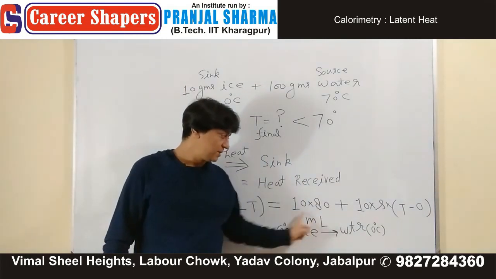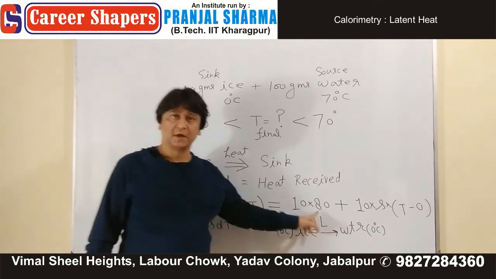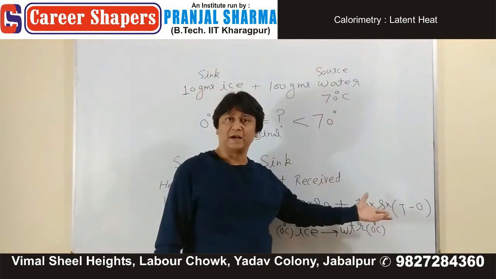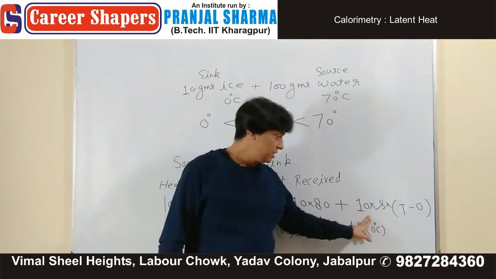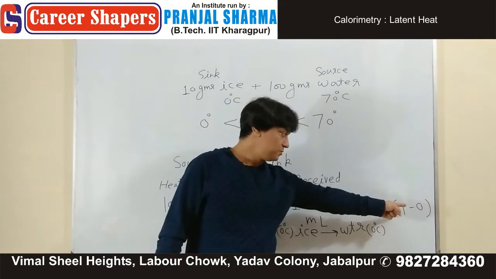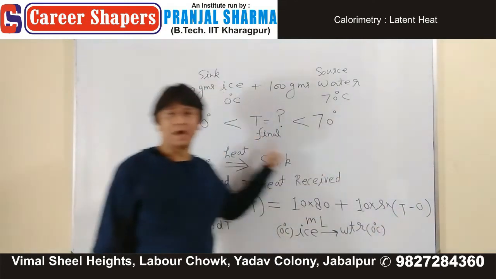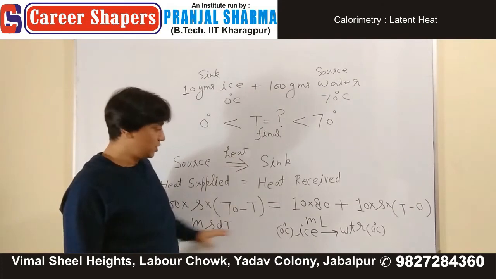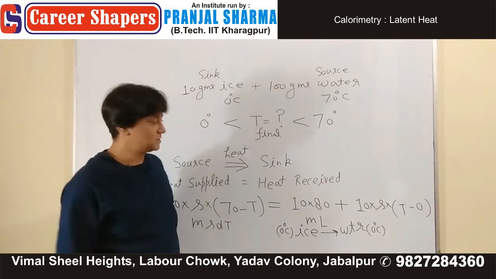Part of the heat supply melts the ice, and the remaining part of that heat supply increases the temperature of this melt water from 0 to the final temperature T. That's a one-line equation, solve it and you will get the answer.